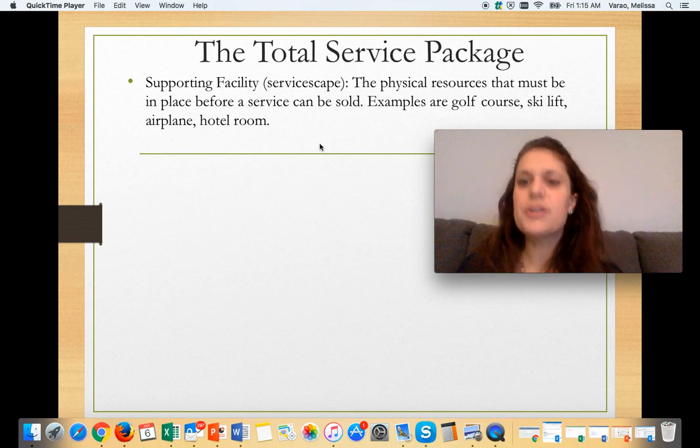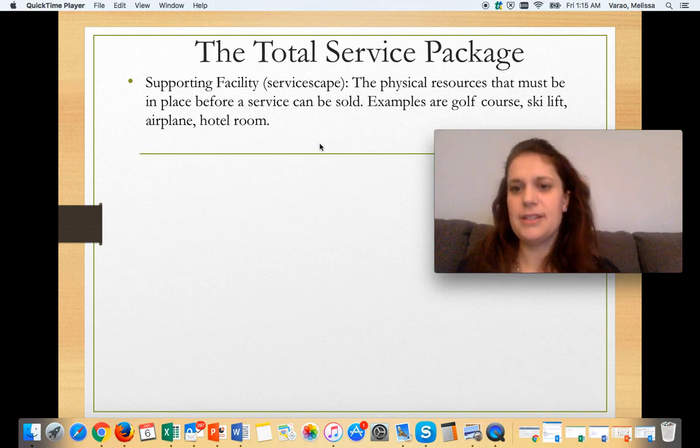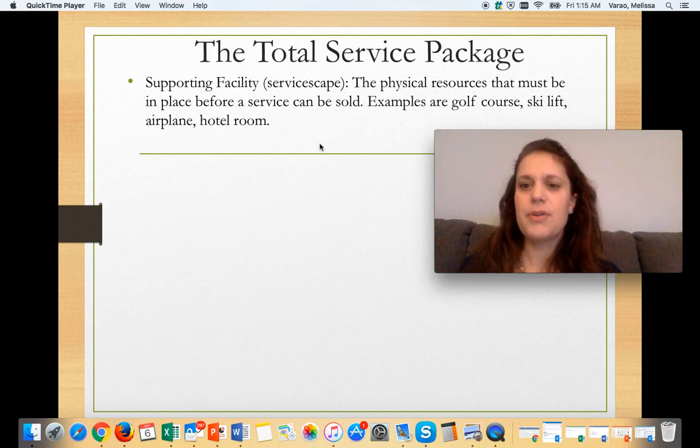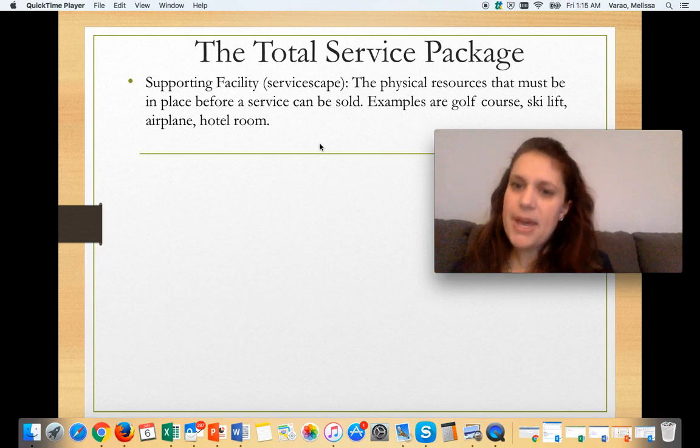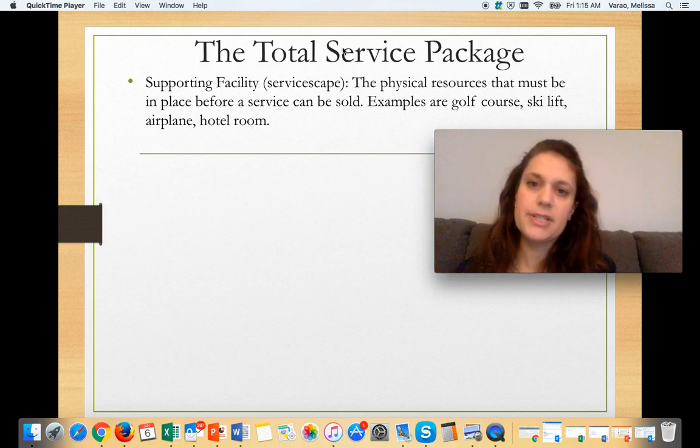But these are the physical plant, the physical pieces that control for what service is being given. So while a stay at a hotel is primarily a service, that bed is part of the Servicescape, the physical plant. The golf clubs that are used at the country club are part of the service that are being received.